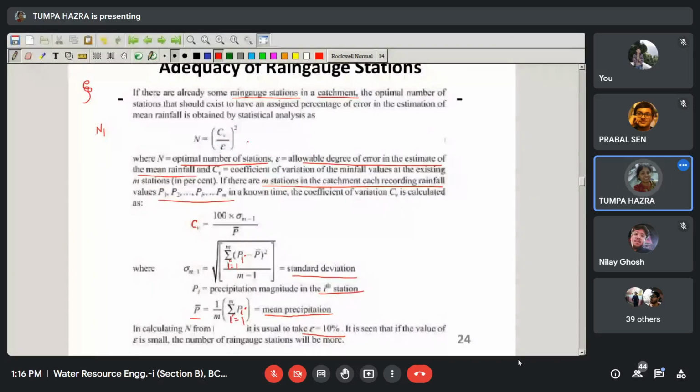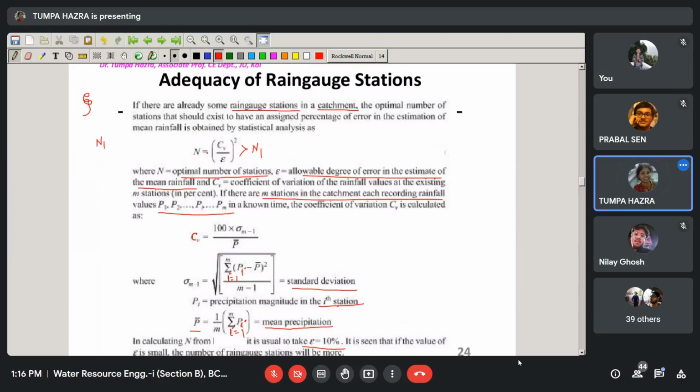Now if N is greater than N1, then you have to add additional rain gauge stations for the particular area. But if N is less than N1, then your number of rain gauge stations is sufficient.